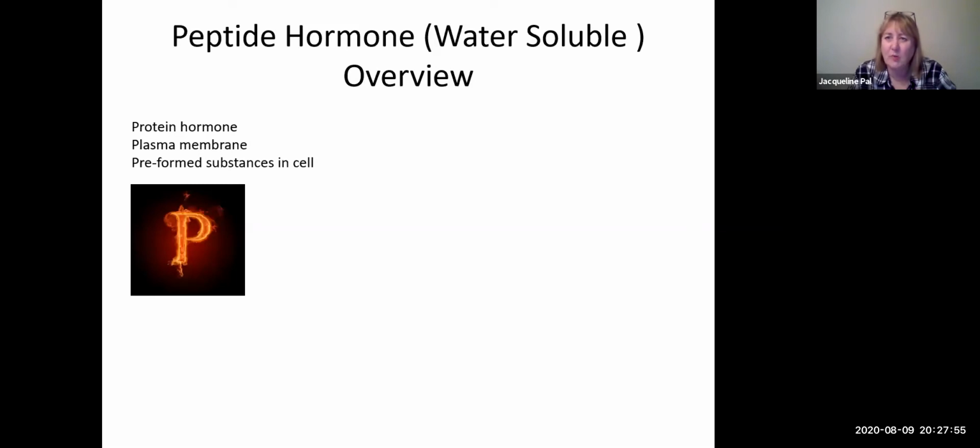Remember, peptide or protein with a P, everything is going to be P related for this type of hormone. So when they reach their target cell, they are binding to a receptor which is on the plasma membrane, in other words, on the surface of the cell.